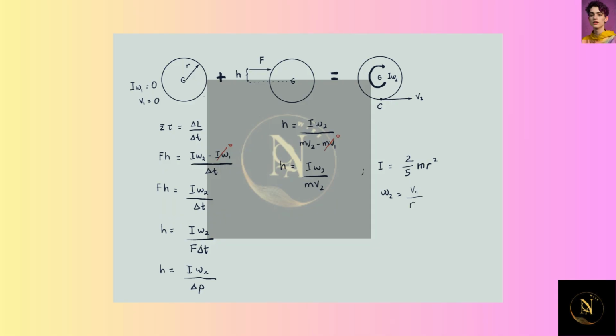Since the billiard ball is supposed to roll without slipping, v is equal to the velocity at point C. Substituting this in our equation, h equals 2 over 5 mass times the square of the radius, and then omega is V C over R, all over M times V C. The mass will cancel out, V C will also cancel out, and we'll have R here. So our h is equal to 2 over 5 times R.